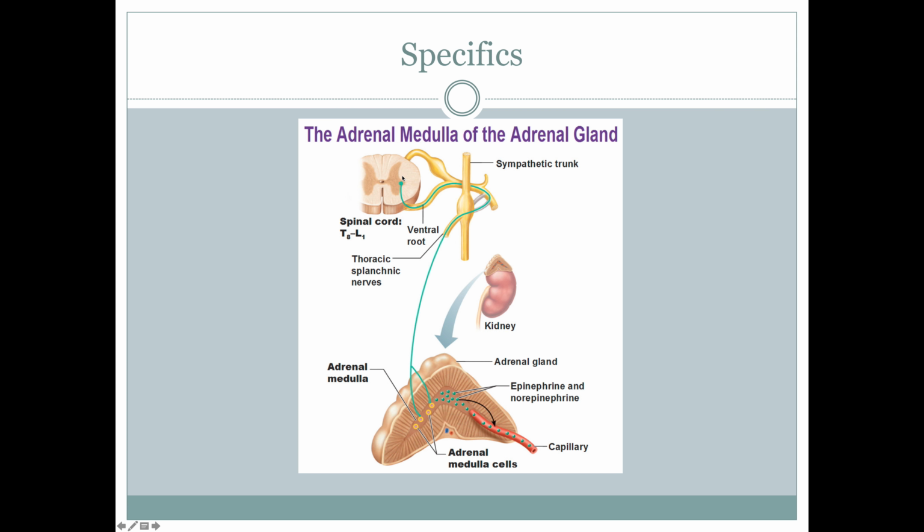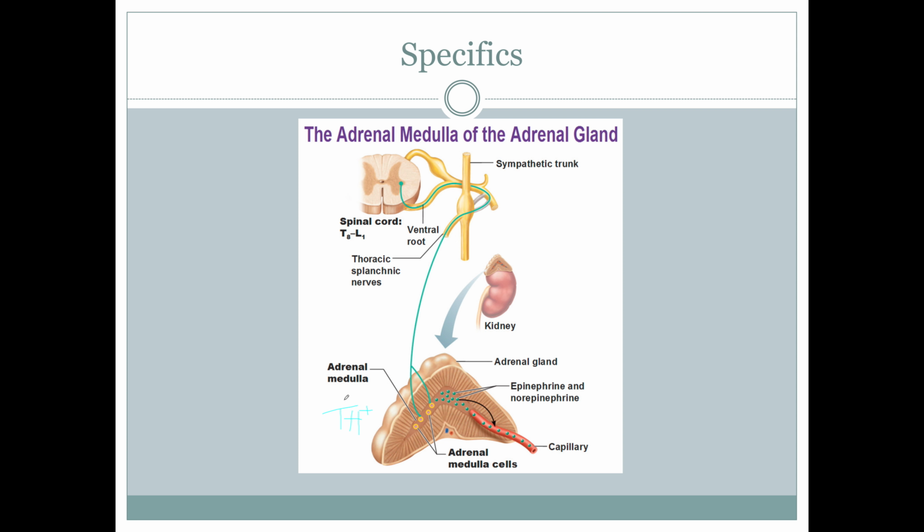All right, so this is what you see again here. From T8 to L1, we have sympathetic nerves that can coalesce together in the sympathetic trunk, come out the ventral root through the thoracic splanchnic nerves, and innervate these chromaffin cells. The chromaffin cells lie in the adrenal medulla, whichever way you like to say it, as long as you say it with confidence. And they can produce catecholamines because they are TH positive.